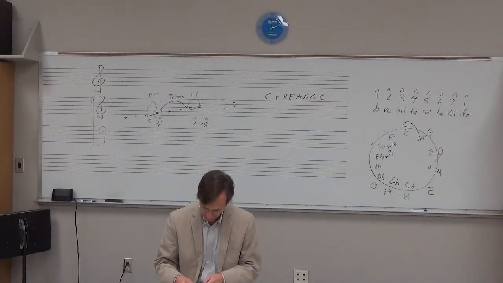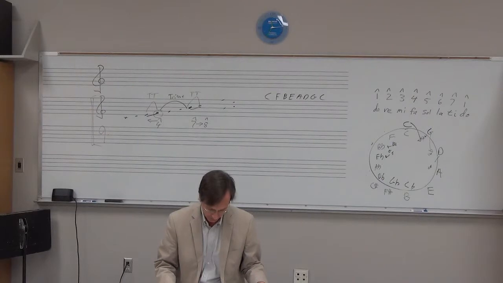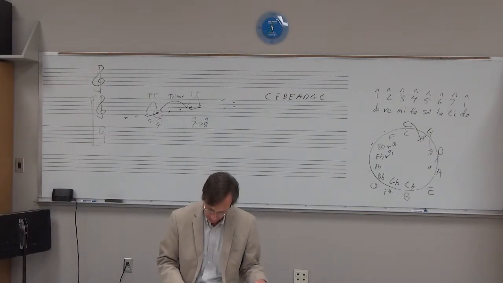Like on page 4 of your worksheets, pages 3 and 4, a lot of these intervals at the bottom of page 3, you see the last two measures are all fifths.